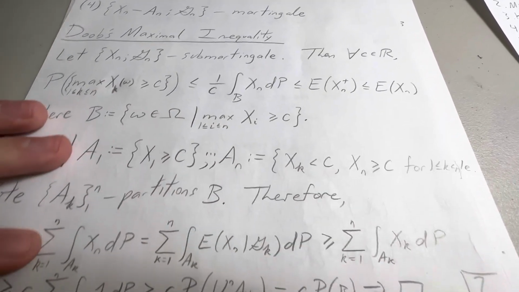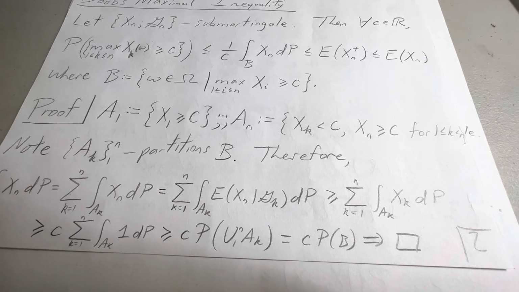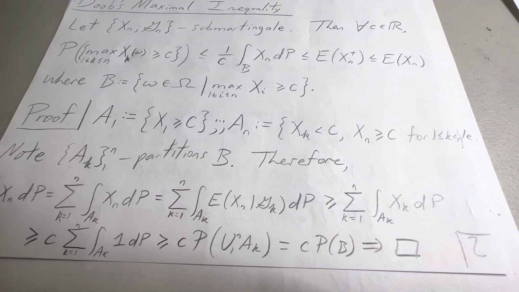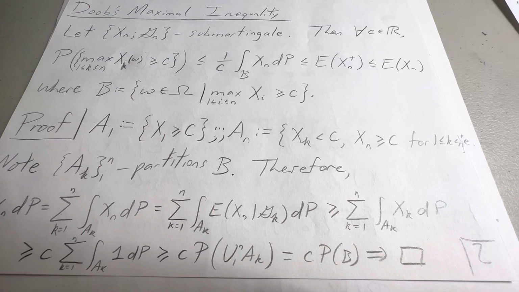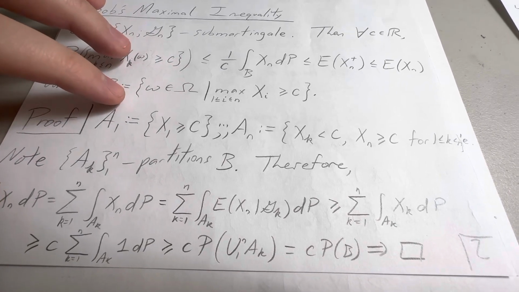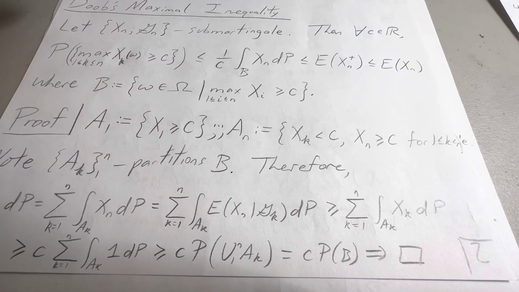So how do you prove it? The proof is kind of slick, and it's not too long. You can see I've done it here in 4 lines. The way that it's proven is that you create a partition of omega.